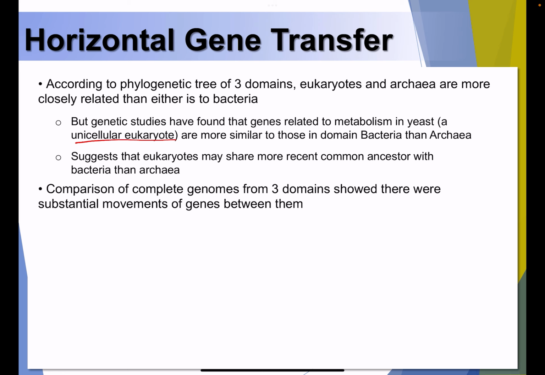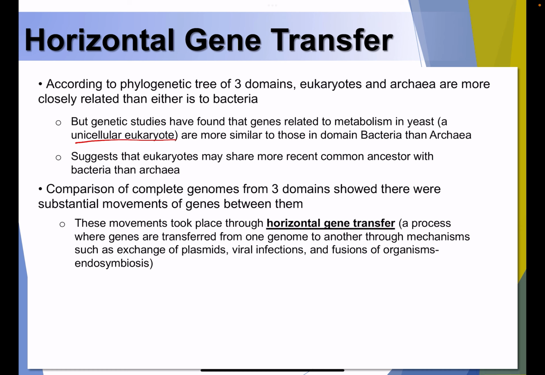Well, the comparison of complete genomes, because that's what biologists or systematists have to come down to, is to sequence the complete genomes of the 3 domains, and they show that there were actually substantial movements of genes between the 3 domains.